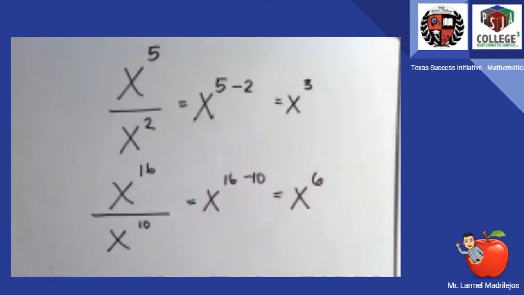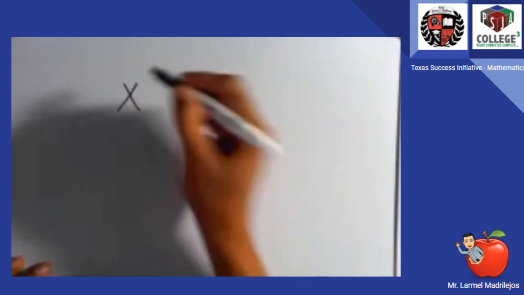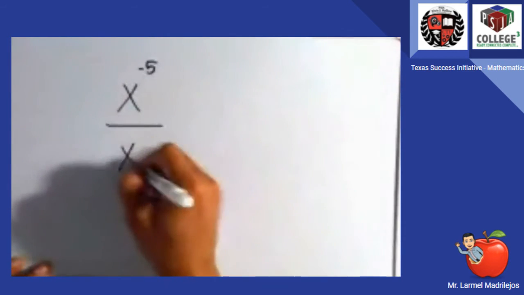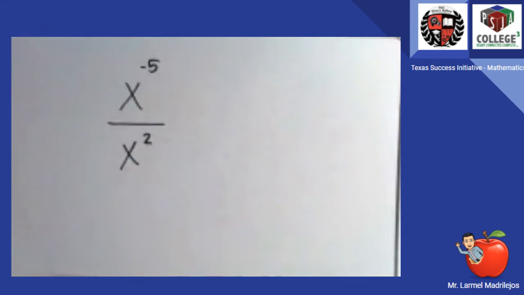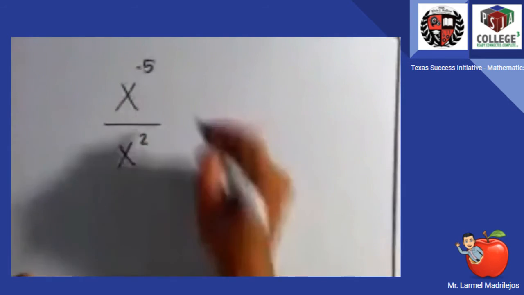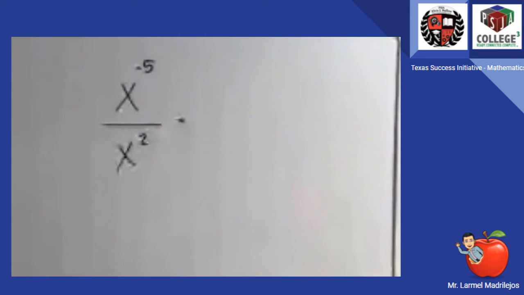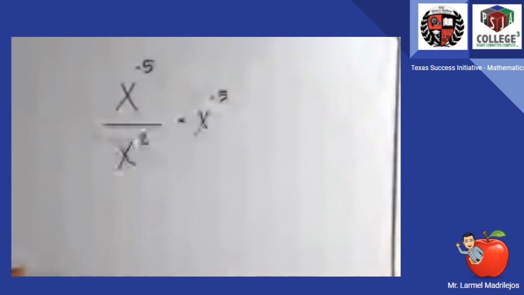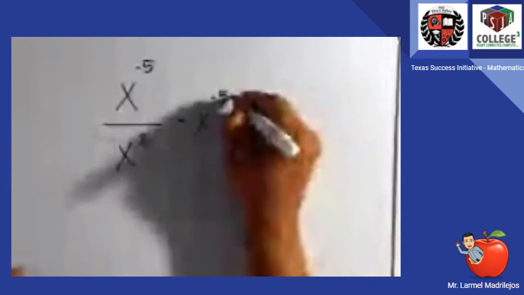Okay, one more example. This time, let's flip the sign. x raised to negative 5 divided by x raised to 2. So what do we need to do? It's the same thing. We're going to use the same rule. x raised to negative 5 minus, take note, minus 2.